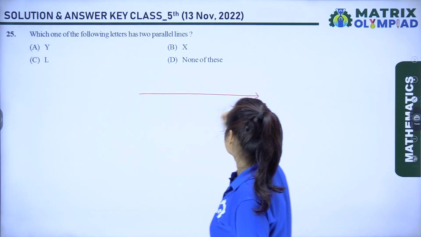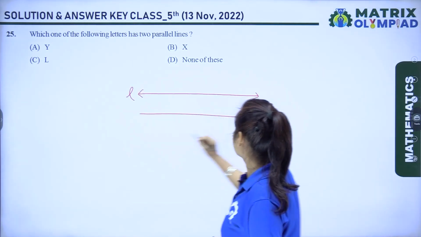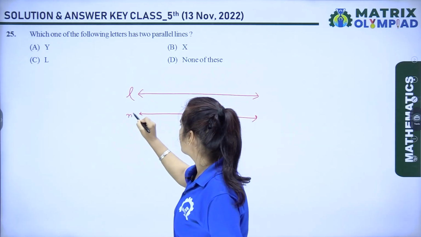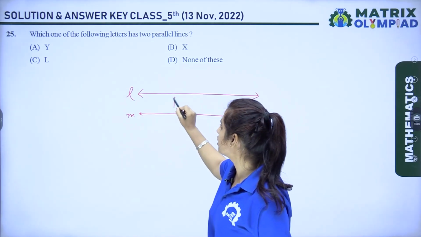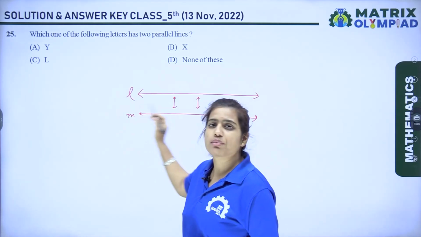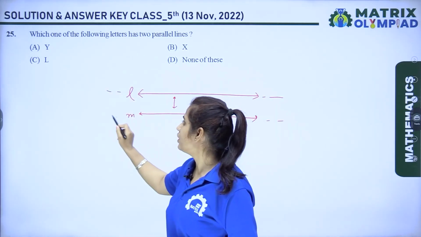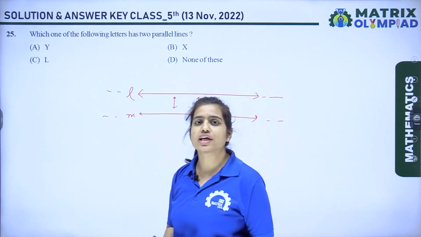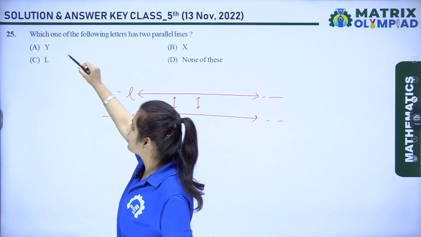So if we take a line L and M, these are two parallel lines which are equidistant from each other and they never meet, no matter how much they are extended from either side. So let's check option A, that is letter Y, whether it is representing two parallel lines or not.